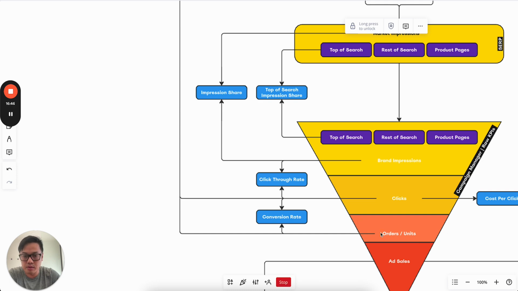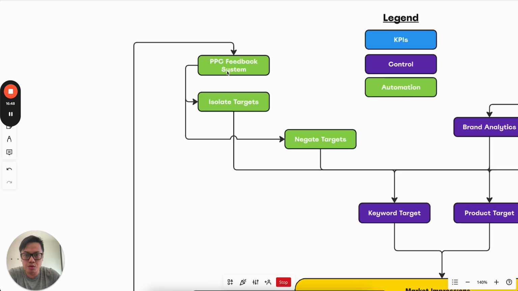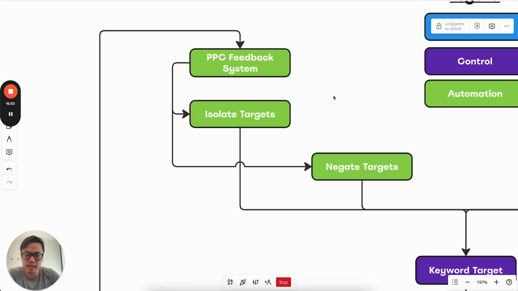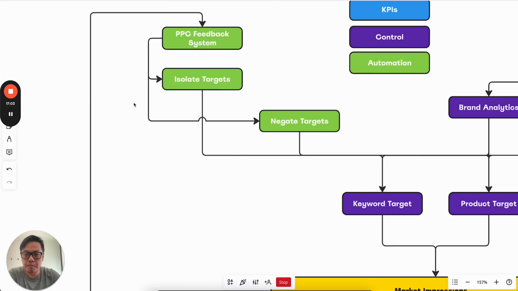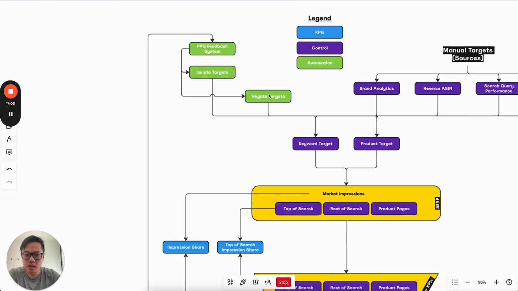So with that being said, when you're at these order level, you can use this metric or KPI, or that's what I use in particular, in order to drive this PPC feedback system. The feedback system essentially will isolate the targets for you, moving them up the chain in order to perform isolation, and then apply the appropriate negatives.